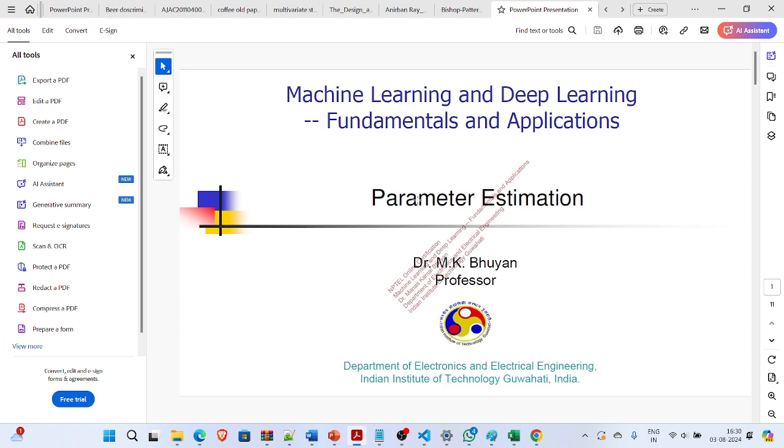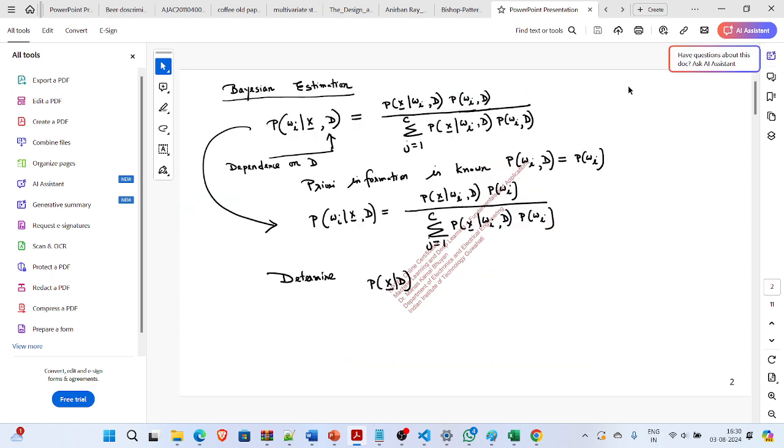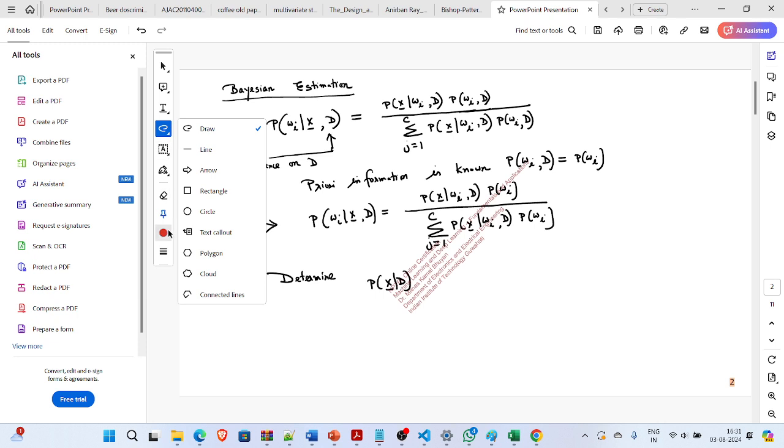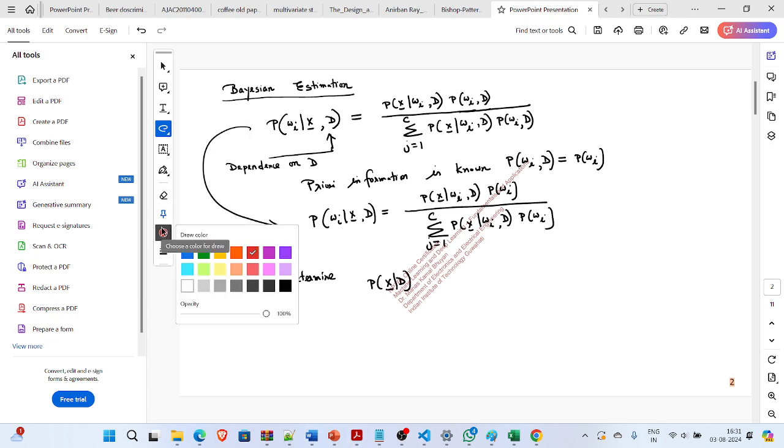Still not. Oh my god. It may not be text actually. That is where the problem is. How can I do it then? Maybe some drawing tool. Yes, I got it.